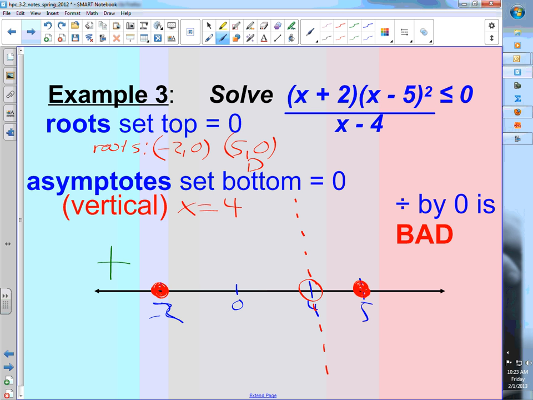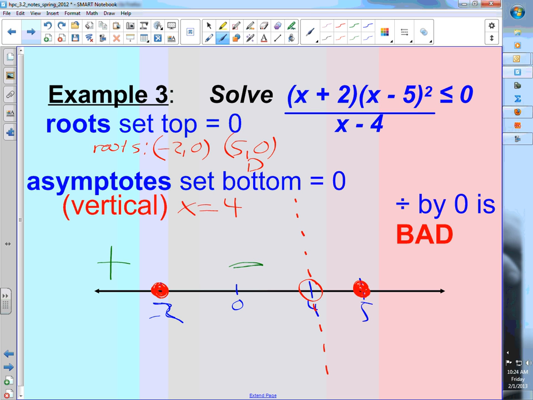In between -2 and the asymptote of 4, we check this interval. I'm going to put in a 0. So we're going to have positive, positive, negative. So what's that interval? Negative.